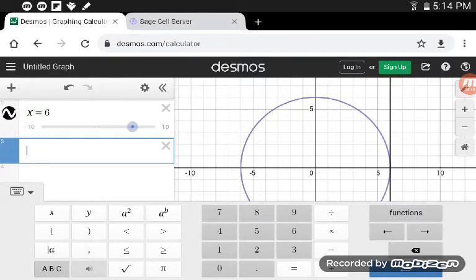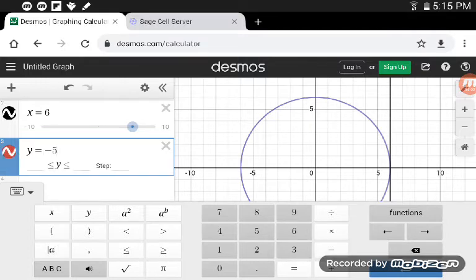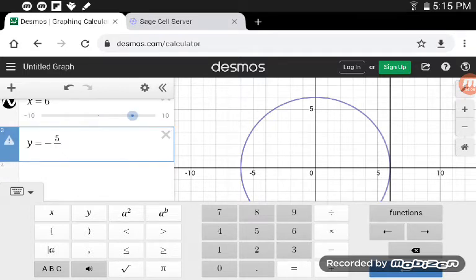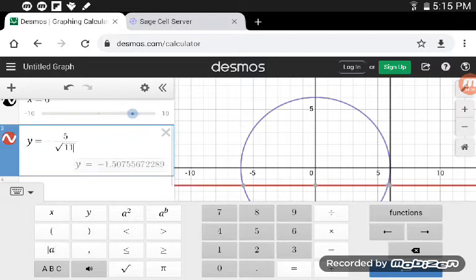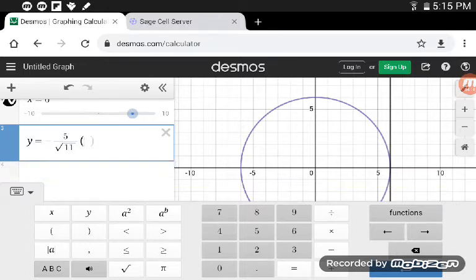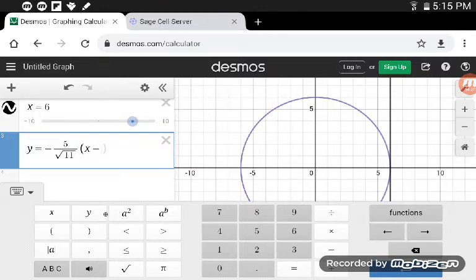And then next we do our line y equals minus 5 divided by the square root of 11, times x minus 5, and then plus the square root of 11.